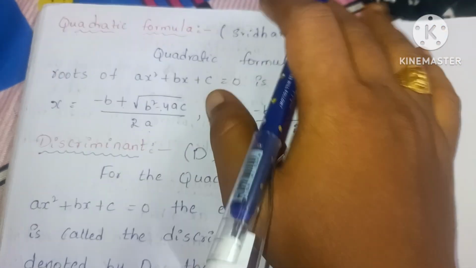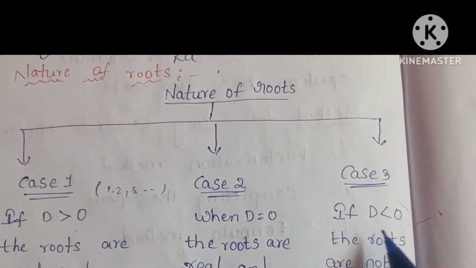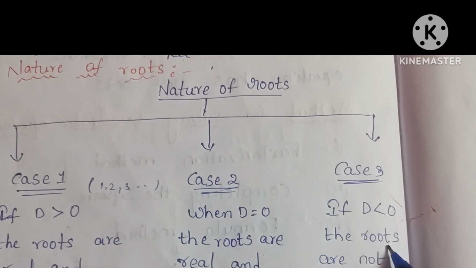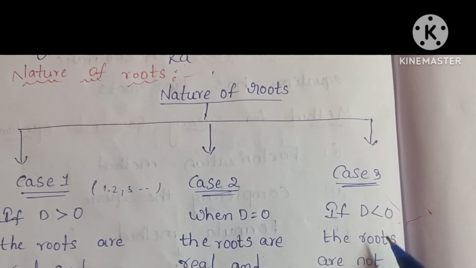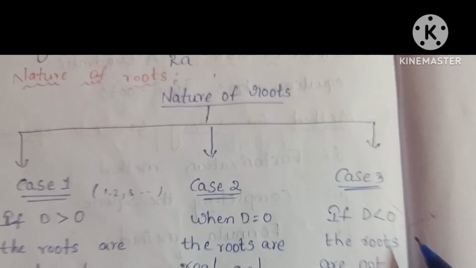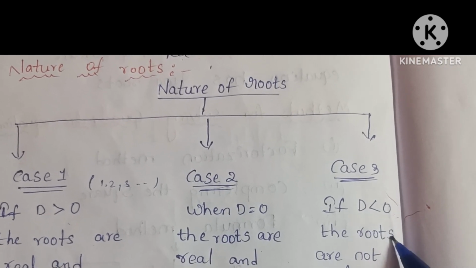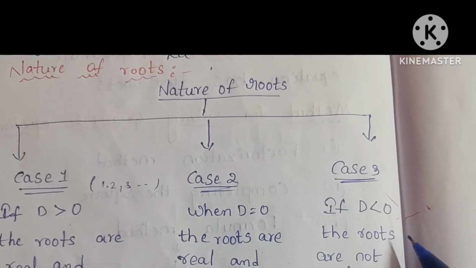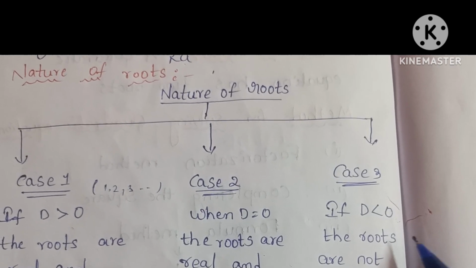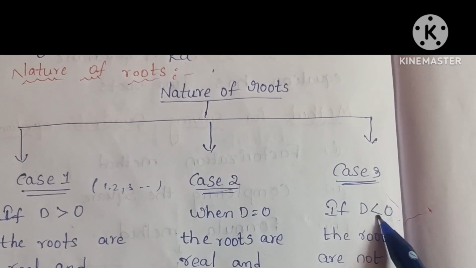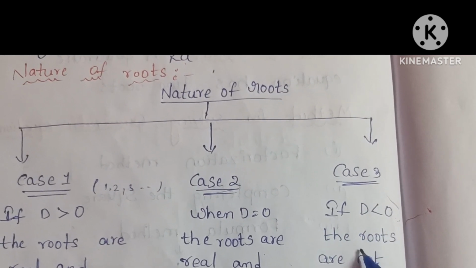Case 3: if D is less than 0, what happens? Suppose the discriminant is less than 0. What values do you get? Negative values.